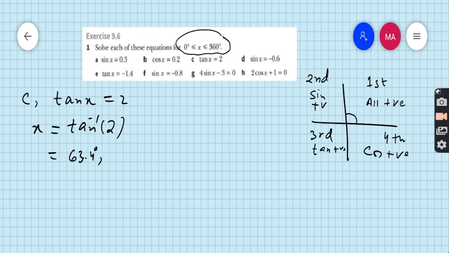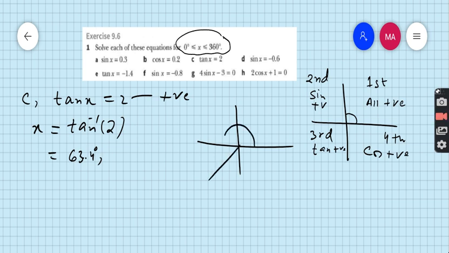But tan x is equals to 2, this is positive, and tan is positive in the first quadrant and also in the third quadrant. So the first quadrant value is 63.4, and how to find the value in the third quadrant?